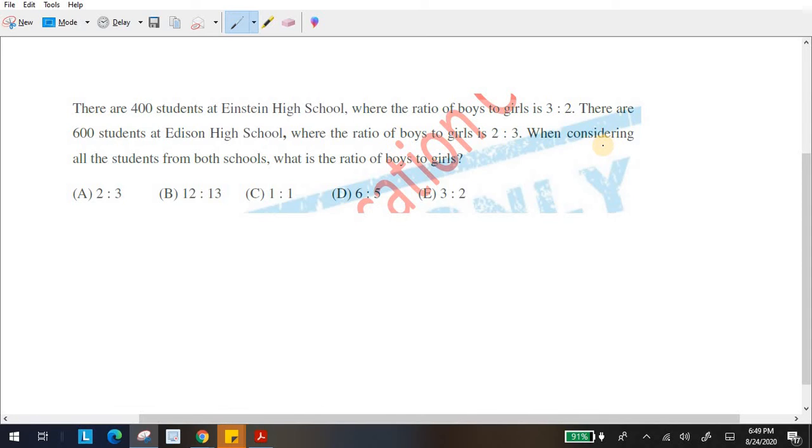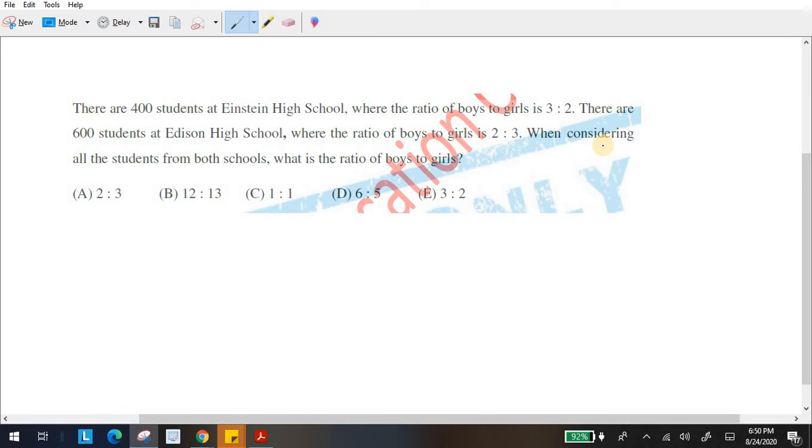And then 600 students, 600 over 5 is 120, I believe. Yeah. And then the number of boys is also going to be 240. So 480 total. And then 400 plus 600 is 1,000. So that means there's 520 girls and 480 boys.